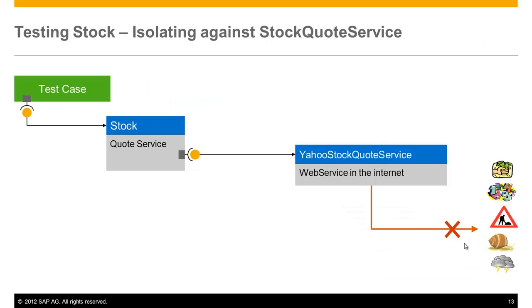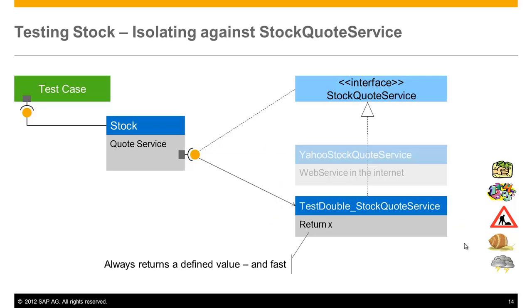Well, look at the picture here where the stock depends on the quote service to get the values that it needs, and we want to cut this dependency to the outside, to the internet. What we do is we isolate the interface of this class. These are classes, objects, if you will, and we want to isolate at that point.